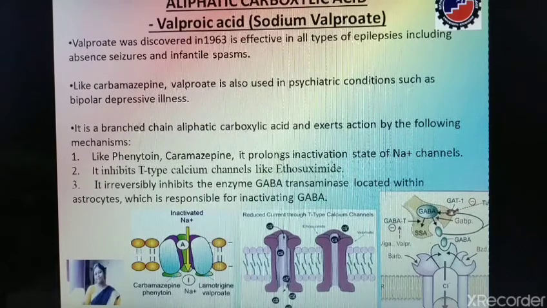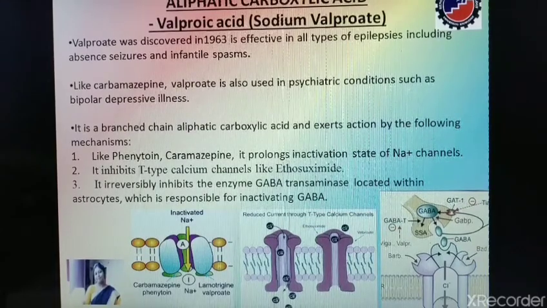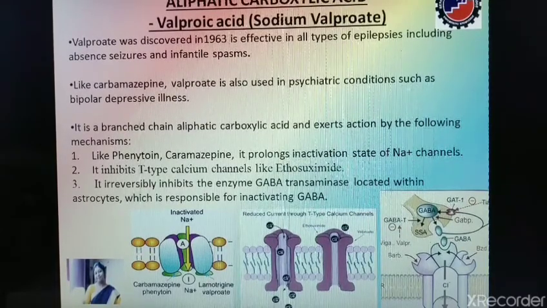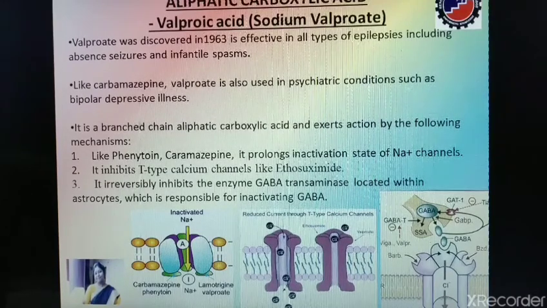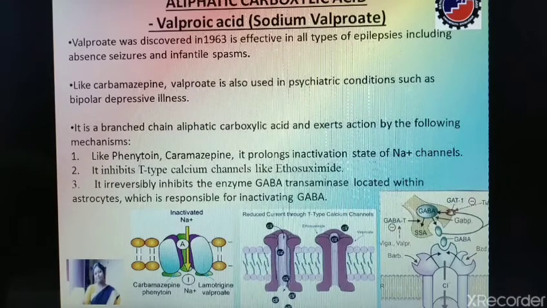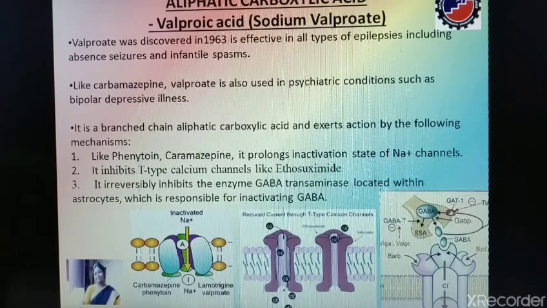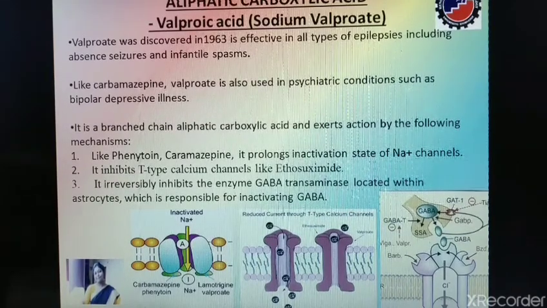And these T-type calcium channels are responsible for the rhythmic discharges which are associated with absence seizures. Thus, valproic acid shows important therapy in absence seizures which occur in children.